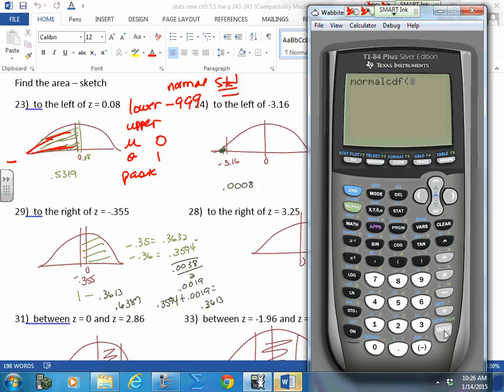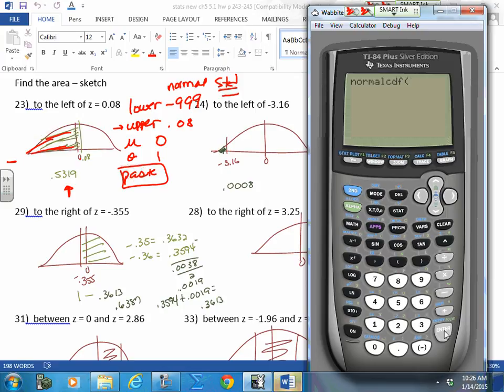Will you ever hit negative 999? No, I don't want to ever hit it. I could even go negative 4, but I'm just going to go negative 999. Now, my upper limit is right here at 0.08. That's the z-score I want. Come down and paste, and you will find this area.